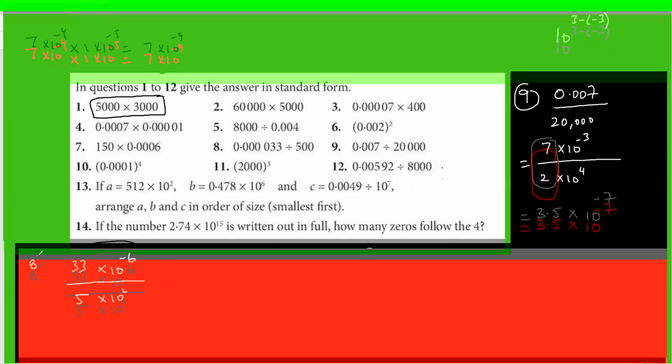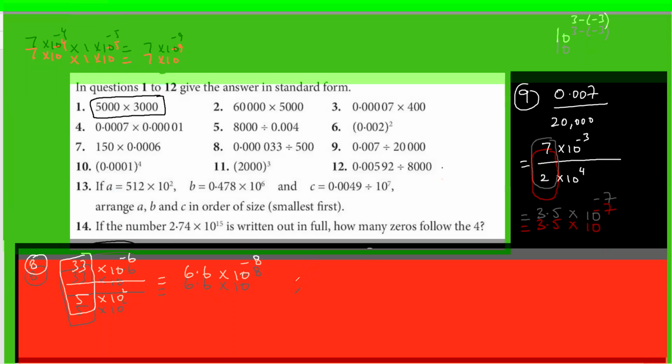That is the 8th question. So when I divide this 33, I get 6.6. That is 33 over 5, that is 6.6. And then this is 10 raised to power minus 8. This is what you said, Muntaha, for this 8th one? Sir, I said 6.2, it was a wrong calculation. Okay.